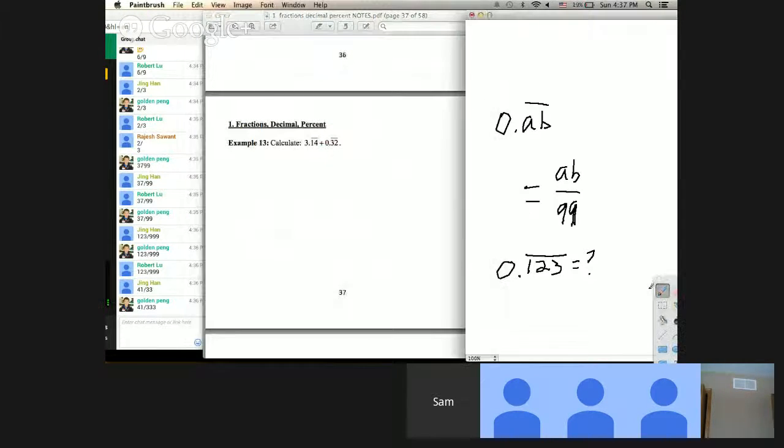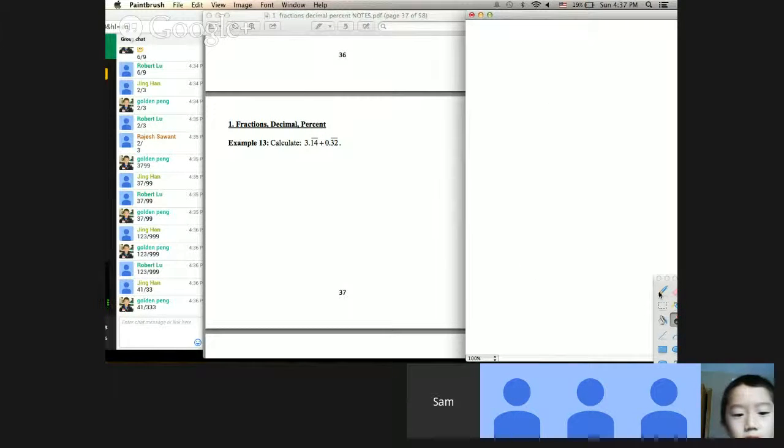So see if you can calculate this: 3.14 with the 14 repeating plus 0.32 with the 32 repeating.